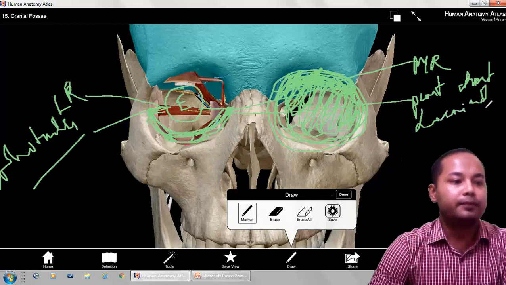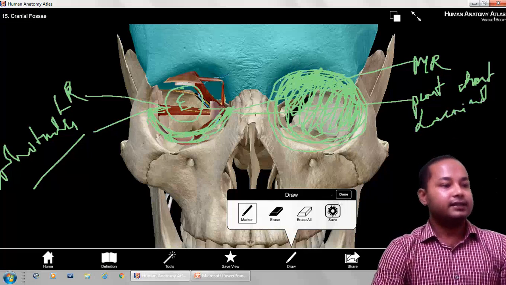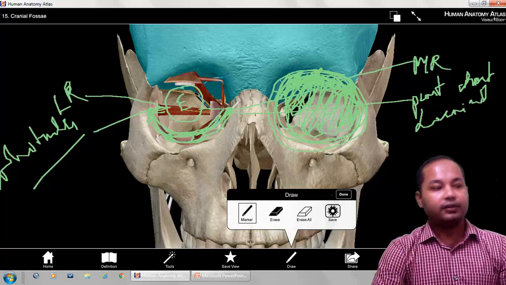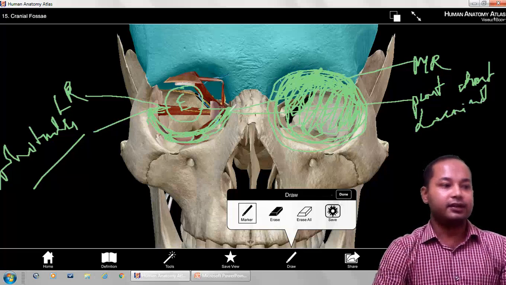That means the posterior pillar or posterior elevation of the lacrimal bone itself, and this is the medial tubercle in which the medial rectus muscle is having its attachment.